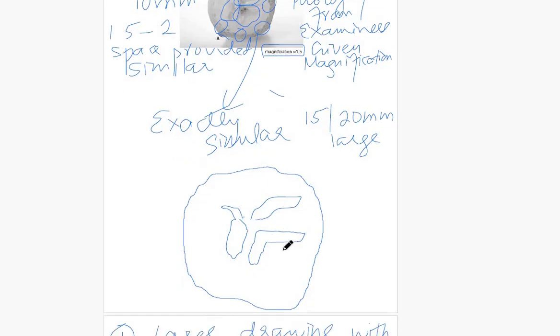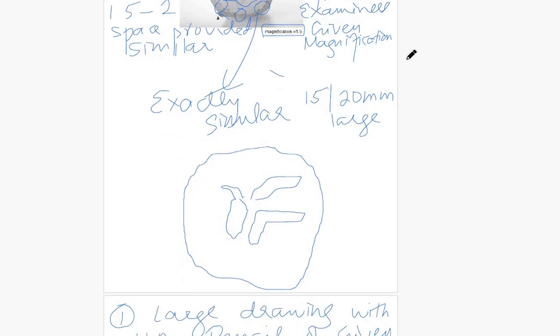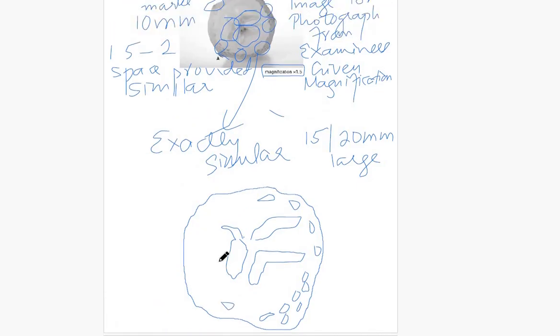But it must be exact. With pencil, you can make it very easily. Then there are spots here. So all over this there are spots. You have to make these spots also.